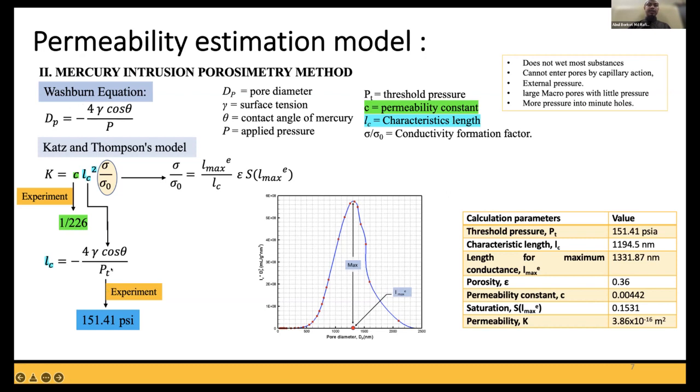From the experiment, we get the threshold pressure, and putting it here, we get the effective characteristic length. And finally, we get the conductivity formation factor, sigma by sigma naught, which we can get from this graph. Details are in our paper. By doing the rigorous analysis, we got the permeability in the order of 10 to the power minus 16.